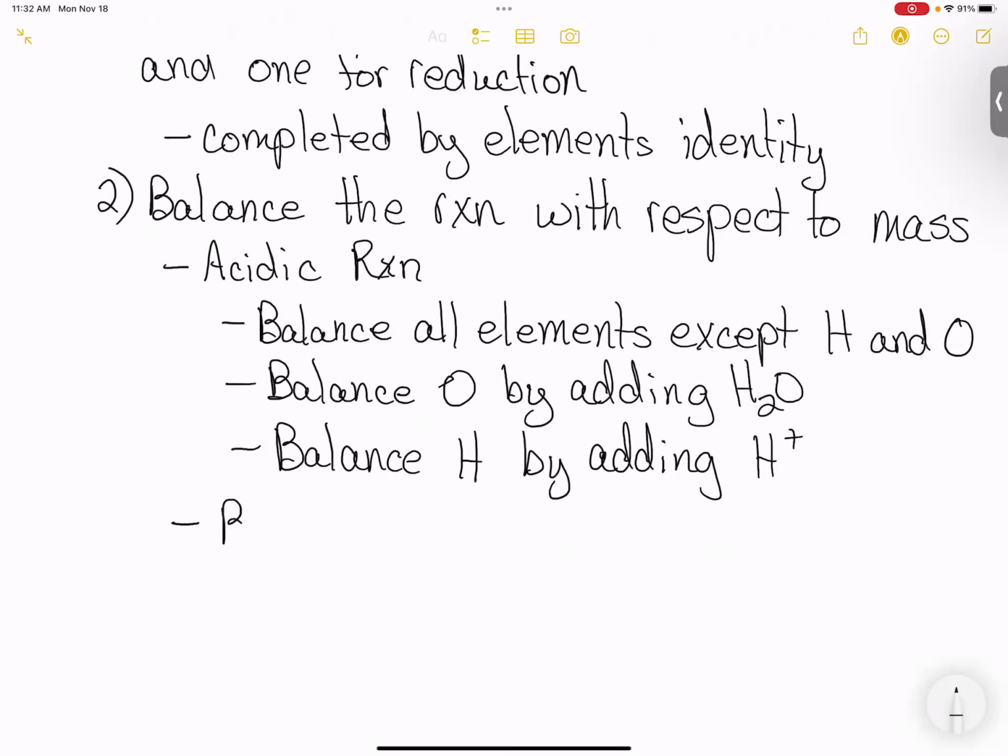For a basic reaction, start by doing the same thing as for an acidic reaction.